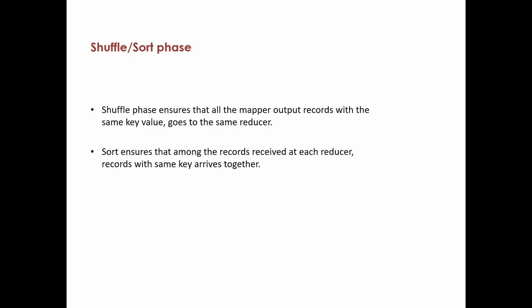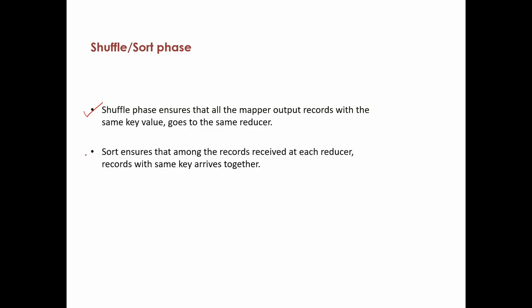In any case, the mapper output records have to be transported to the correct reducer. The shuffle phase, which is run on the mapper side of the code, ensures that the mapper output records with the same key value go to the same reducer.